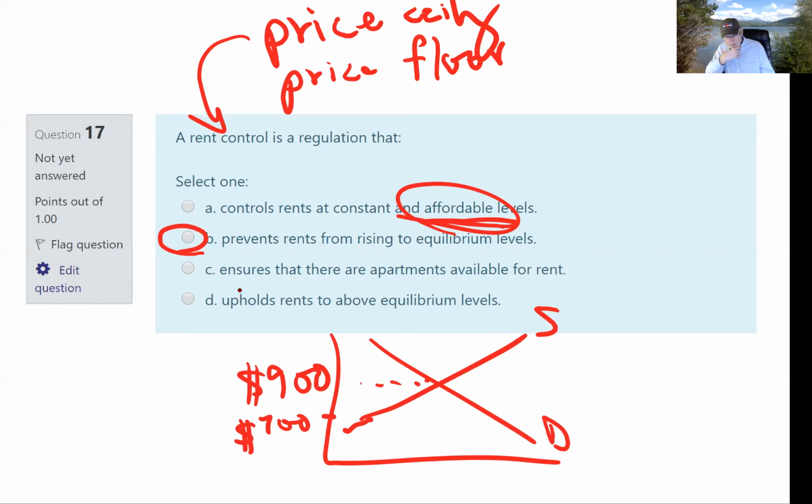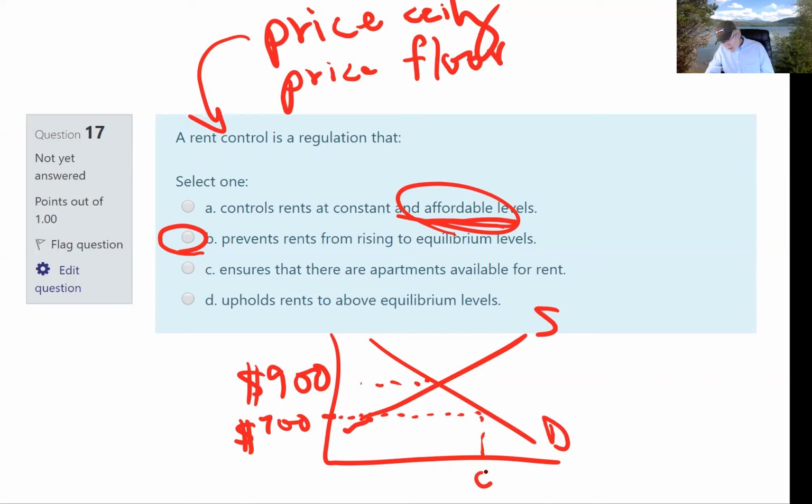Let's look at C. A rent control is a regulation that ensures that there are apartments available for rent. Actually, no, it does exactly the opposite, because by keeping the rent below the equilibrium, it ensures that there will be a shortage. It doesn't ensure that there will be apartments available for rent.